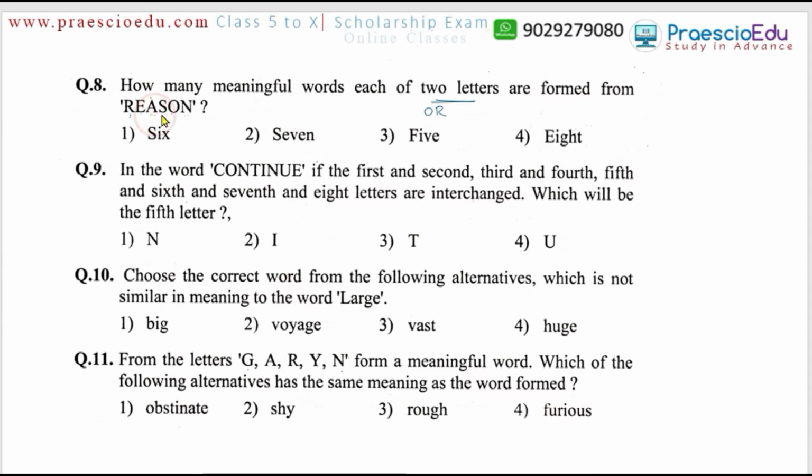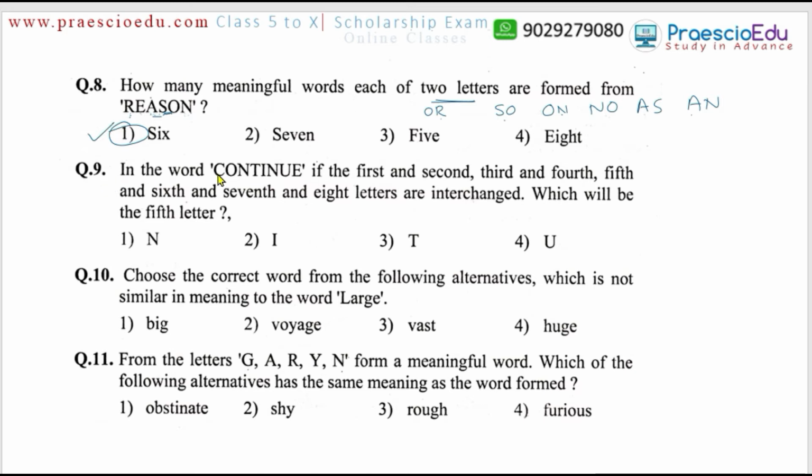Then SO, this SO means so, then ON, even NO also, then AS, this AS, then AN also, okay, and then EN, yes, and NO possible. So 1 2 3 4 5 6, so 6 words means option number 1 is the correct one.